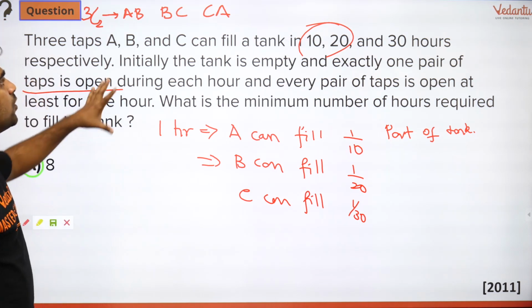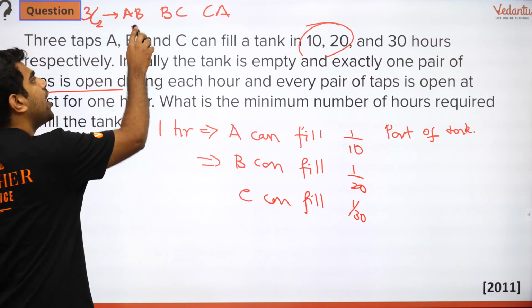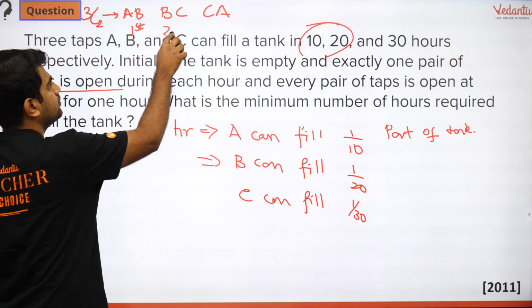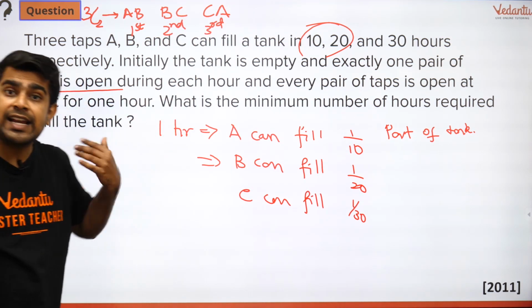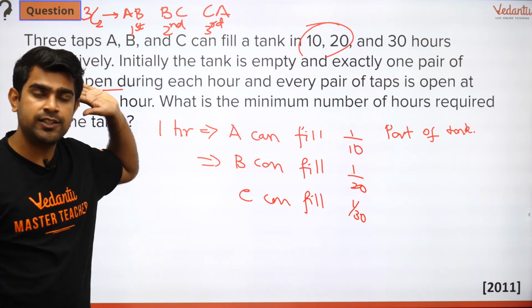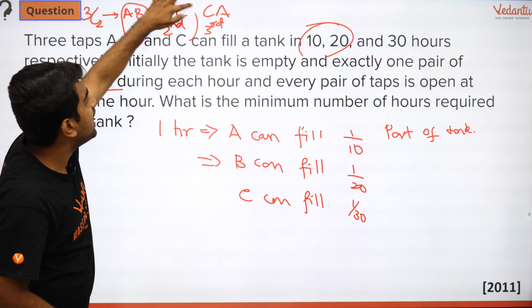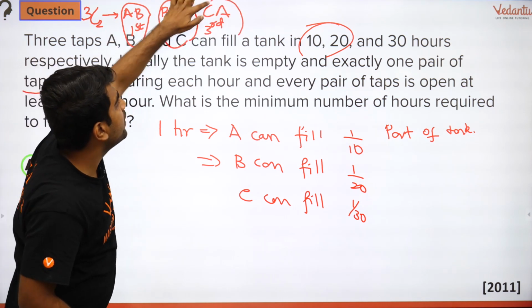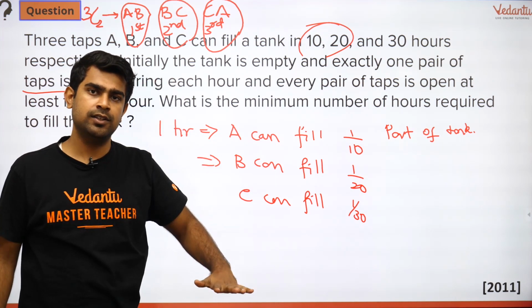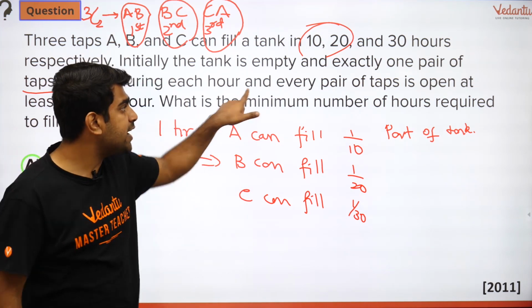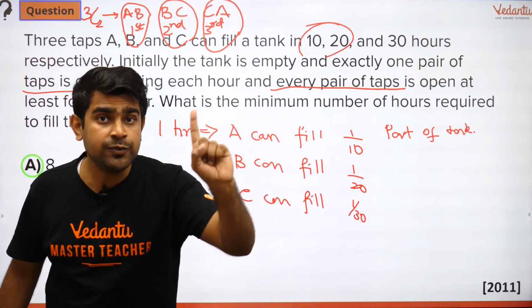Brilliant. So now I need to ensure that these 3 pairs are used for an hour. Okay. So 100% whether I like it or not, I have to do this. So let's say first hour I use AB, second hour I use BC, and third hour I use CA. I have to do this, no other option. Because to satisfy this condition, every pair of taps is used at least for an hour.